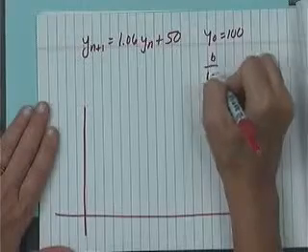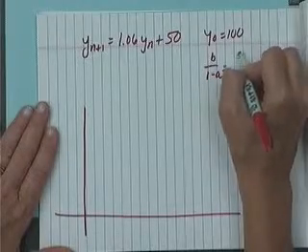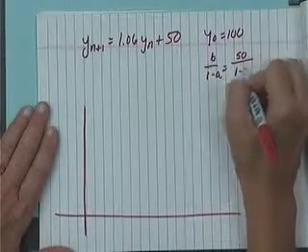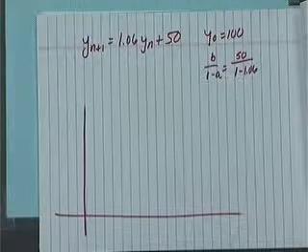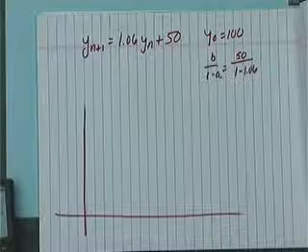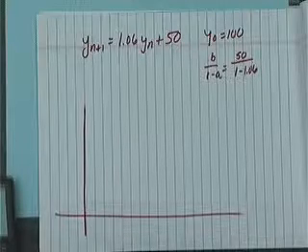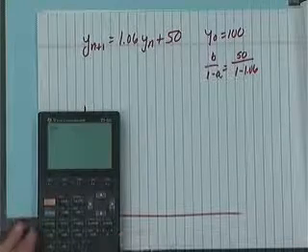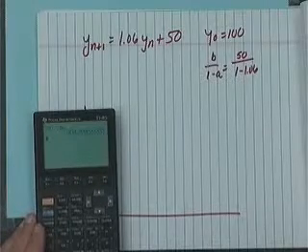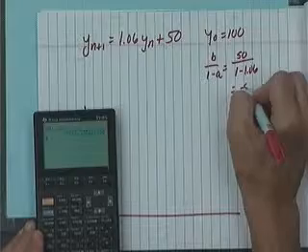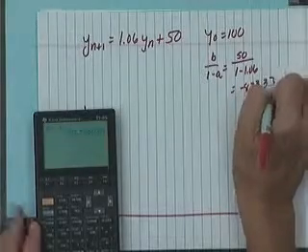All right, so we're going to follow the rules. We're going to try to make a sketch, and the first thing we're going to do is look at that b over 1 minus a, which is 50 over 1 minus 1.06. So 50 divided by negative 0.06 equals, what's that, negative 833.33?